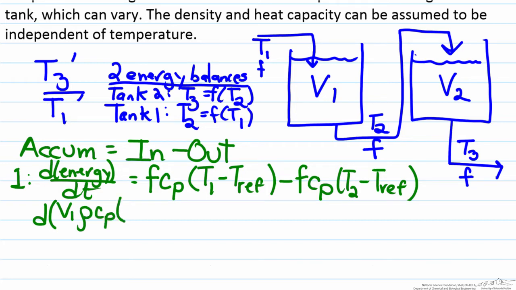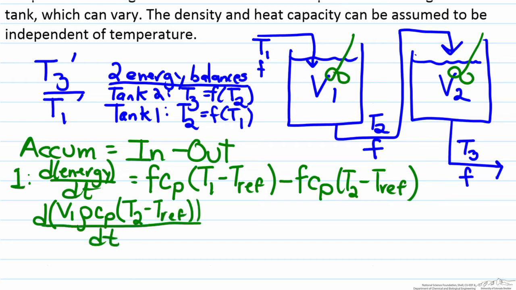Here, because we're assuming the fact that the tanks are well mixed, that means that the temperature of the outlet is going to be the same as the temperature of the fluid inside the tank. So we can write this as T2 minus Tref. And what we can also do on the right-hand side is the Tref terms will cancel out, and that leaves us with F Cp times T1 minus T2.